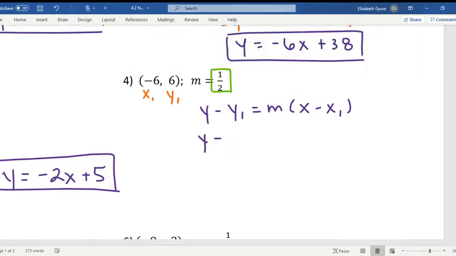So y minus y1, Mason B, what's your y1 value? It'd be 6, good. So y minus 6 equals m. Nick Lopez, what's your slope in this situation? Nick, do you know what we would use for slope?